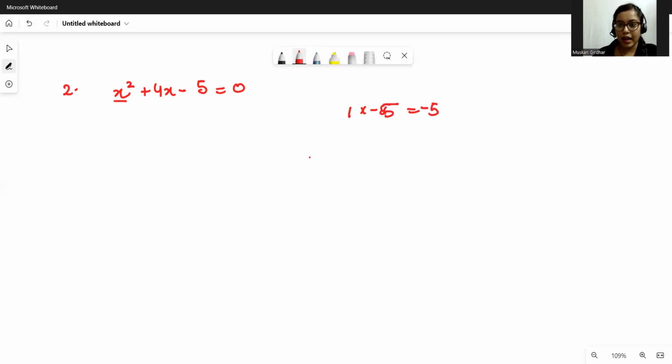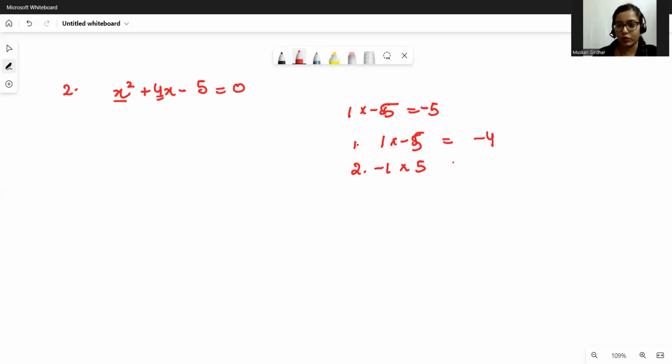I will factorize it such that the sum is going to be 4. 1 into minus 5 gives minus 5, and we can also take minus 1 into 5. Only these two factors can come. If I add them, I get minus 4.